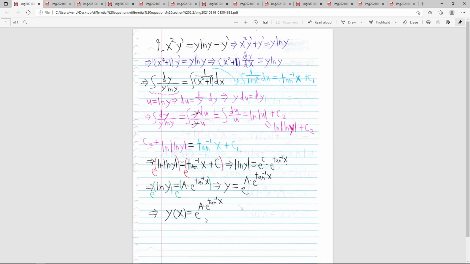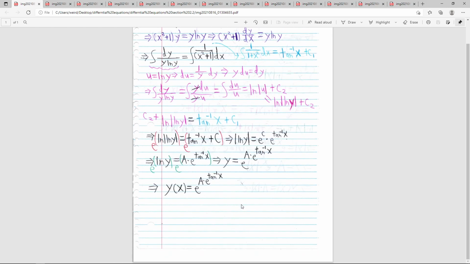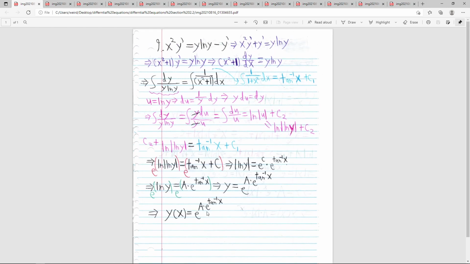So we get e raised to a times e raised to the inverse tangent of x. Interesting problem. And we can't separate that because it's multiplied together: a times e to the inverse tangent x. That's the solution.